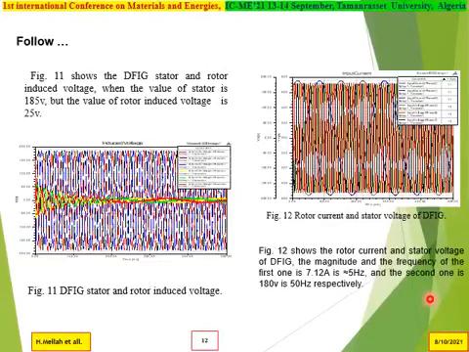The magnitude and the frequency of the first one is 7.12 ampere, and the frequency is average 50 Hertz, and the second one is 180 volt and the frequency is 50 Hertz.